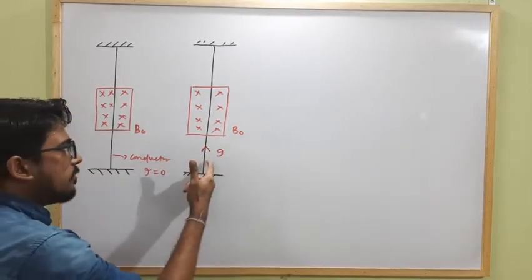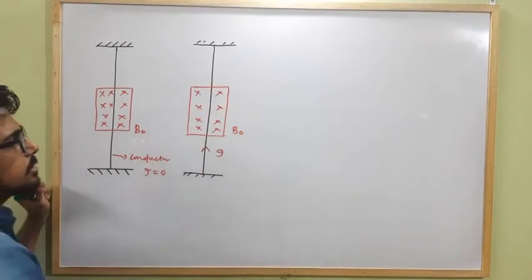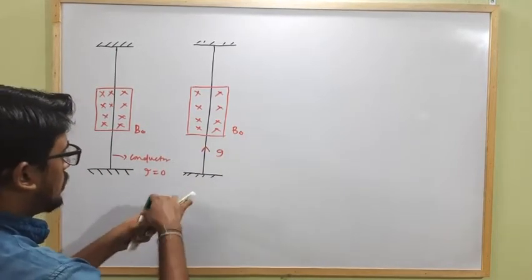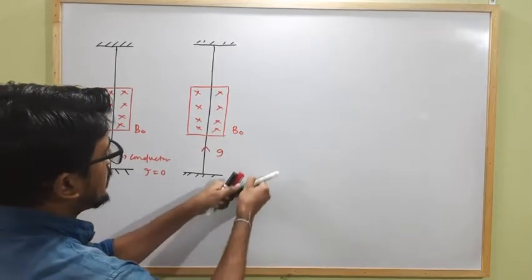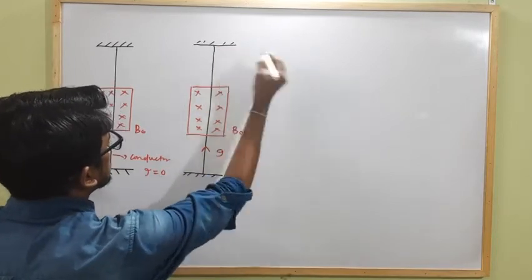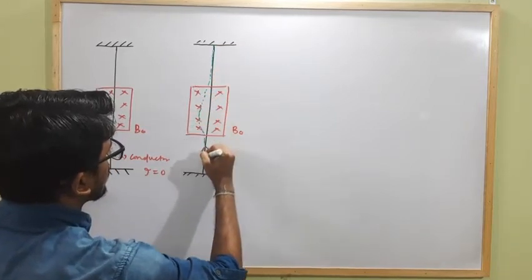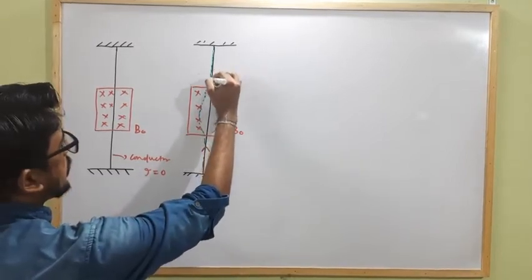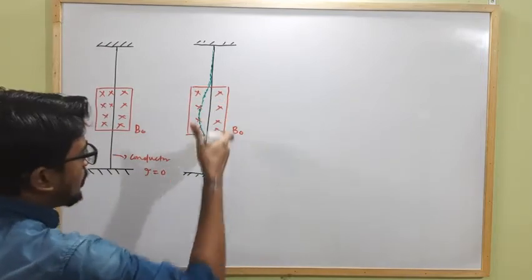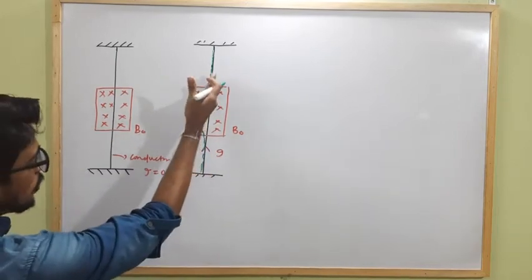As current I flows in this direction and this region has a magnetic field directed into the plane, it was observed that the conductor gets bent sidewise like this. The shape of the conductor becomes like this. That means as the magnetic field is into the plane and current is flowing upward, it will experience a force in this direction. So the conductor gets bent.